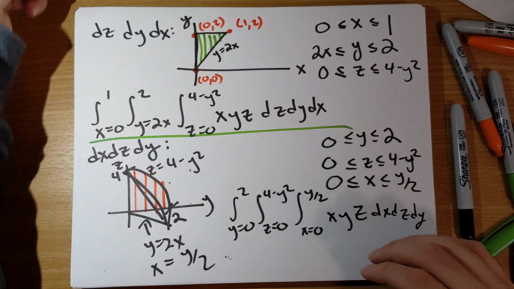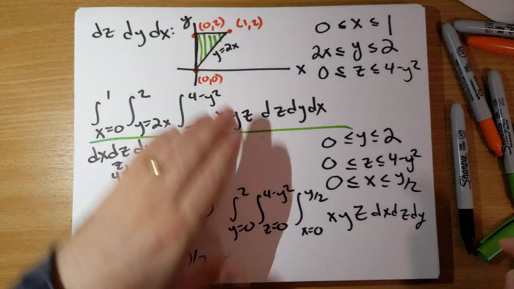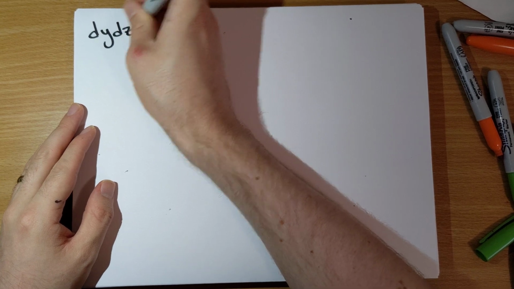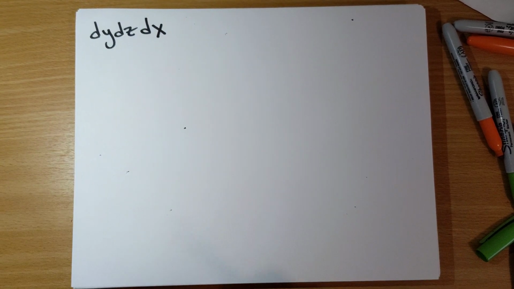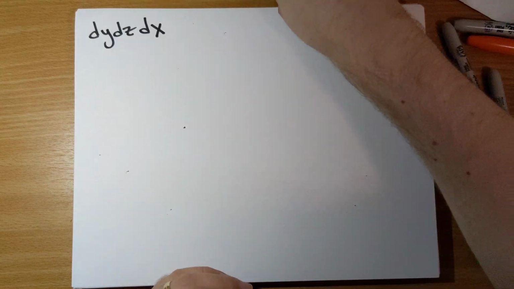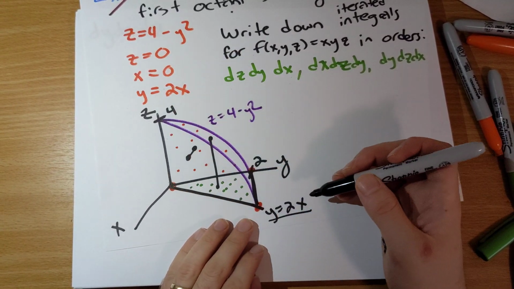Now we need to do the order dy, dz, dx. Okay, so in order to do this, we need to figure out what is the projection of this in the xz plane.